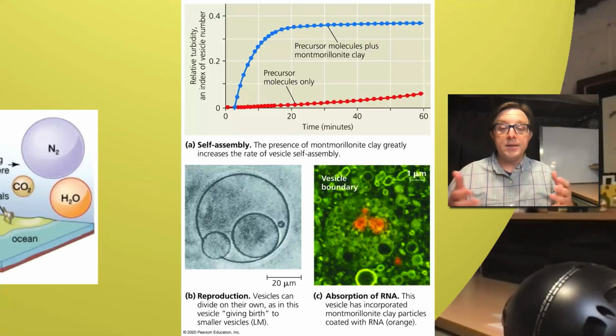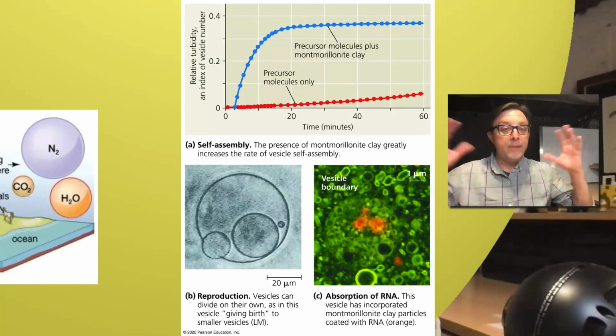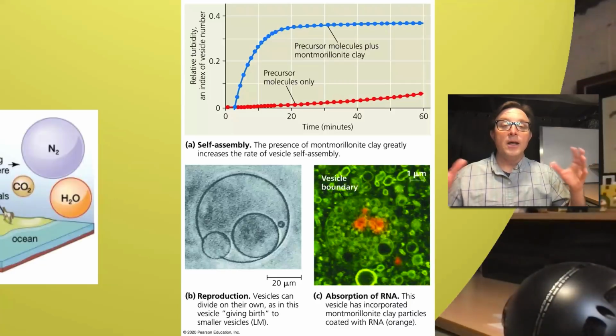What they found was that under these conditions, they would spontaneously form these little tiny vesicles, right? Little bubble-shaped, membrane-bound, what look to be early cells, right? And these vesicles can actually bud and do a very primitive version of reproduction. And they can also absorb RNA molecules or RNA nucleotides that are in the surrounding environment.